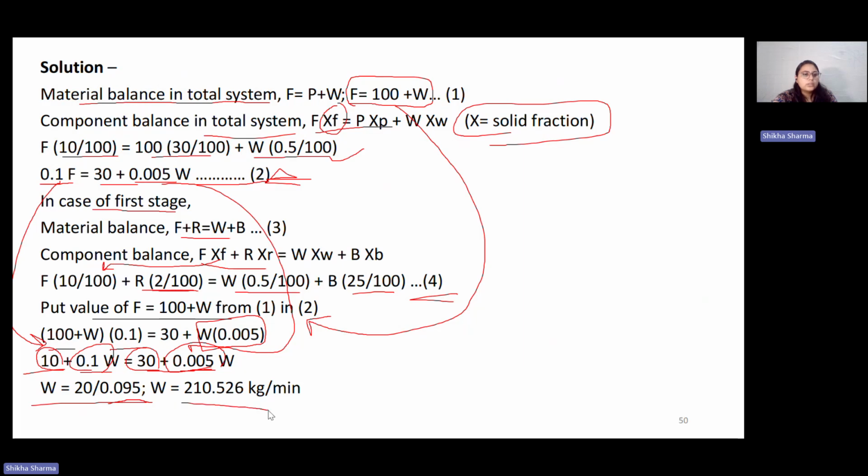So W is 20 divided by 0.095, which is 210.526 kg per minute.